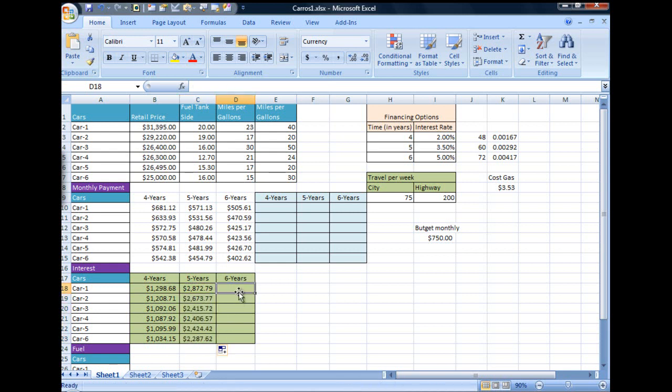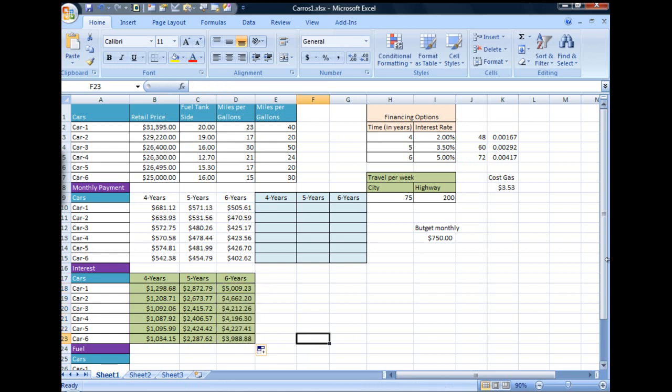Right here, equal sign, D10, multiplication by J5, 72 months, absolute reference again, and minus the price of the first car, and drag the information, and we computed it.